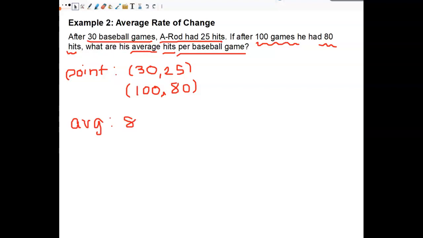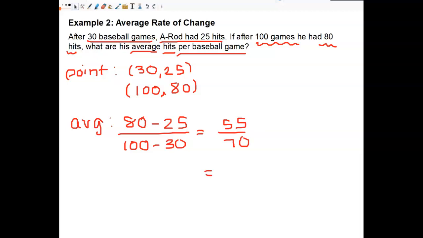which is 80 minus 25 over 100 minus 30. So you get 55 over 70, which is 0.786 hits per game.